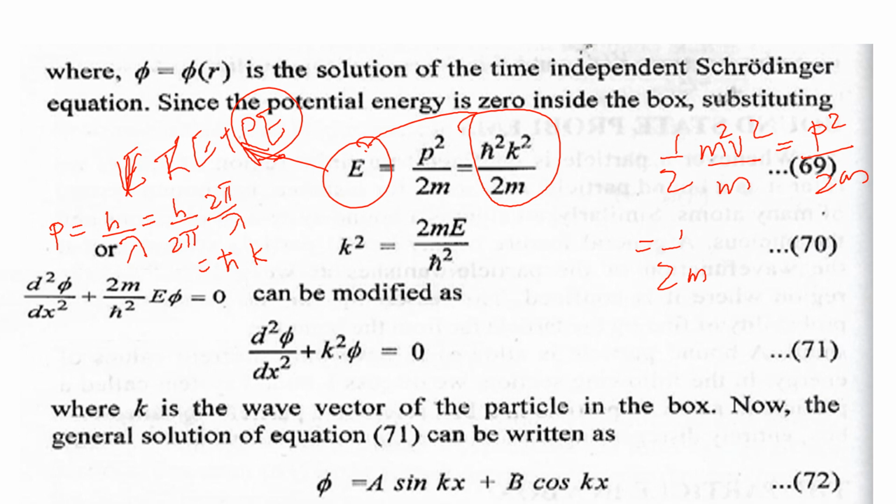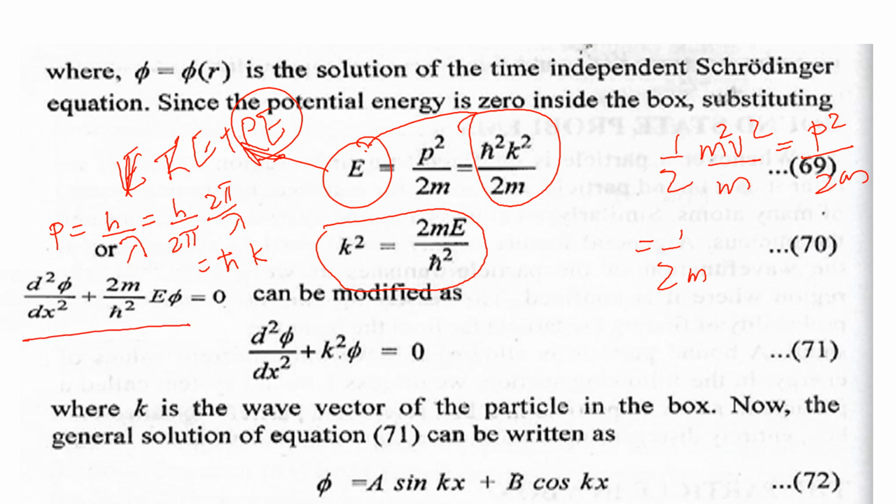Now using this, E is equal to h cut square k square by 2m. Rearranging, we get k square equal to 2mE divided by h cut square. Substitute this in the time independent Schrodinger equation, d square phi by dx square plus 2m by h cut square E phi equal to 0.